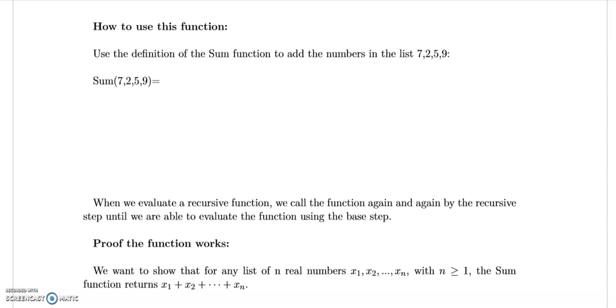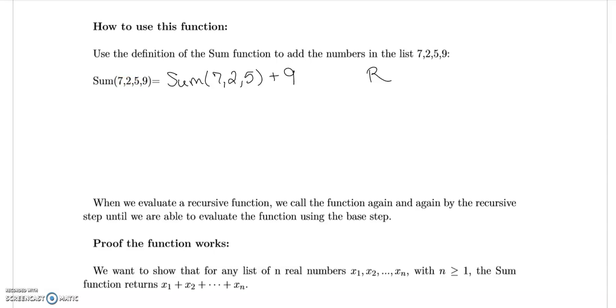We have a list 7, 2, 5, 9, and if we plug that into the sum function, we start with that recursive step: take the smaller list, everything but that last term, so 7, 2, and 5, and write it in another sum function. So sum of 7, 2, and 5, and then we add on plus 9 at the end. This is a recursive step in the definition.